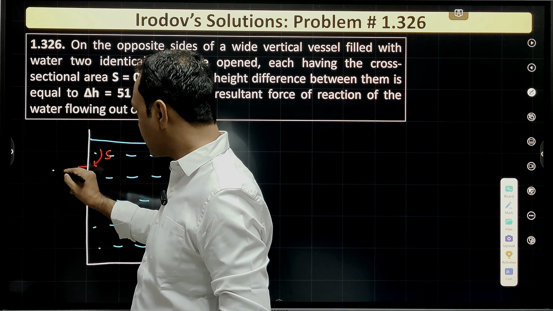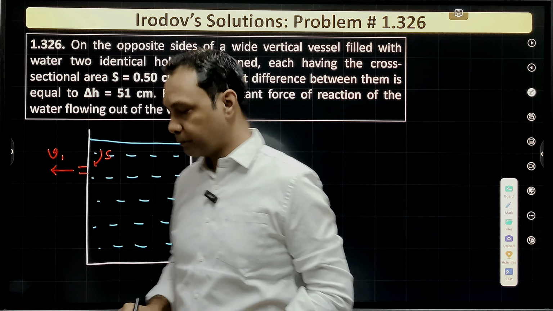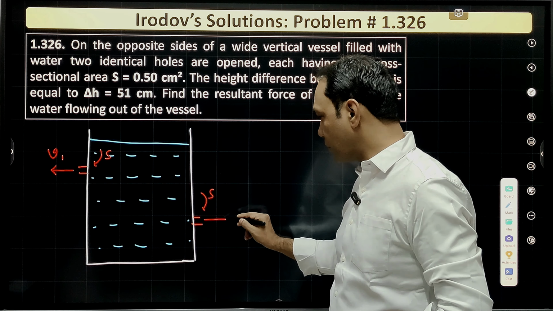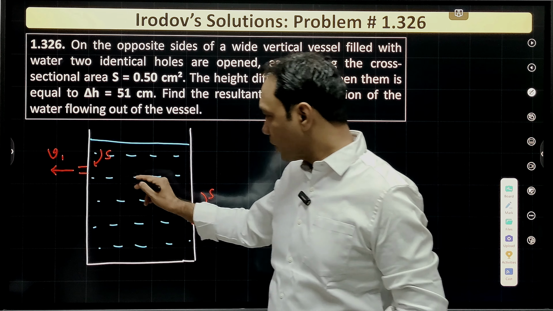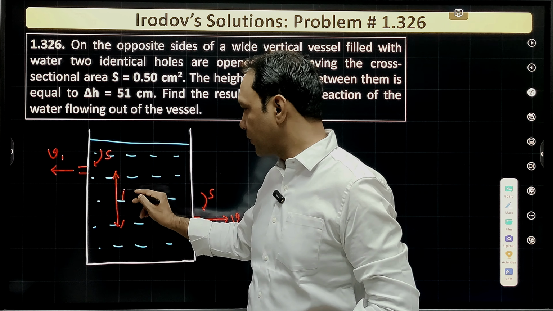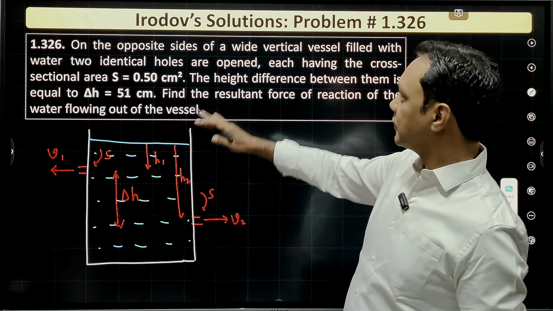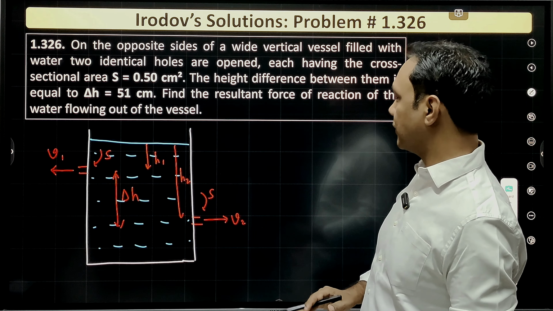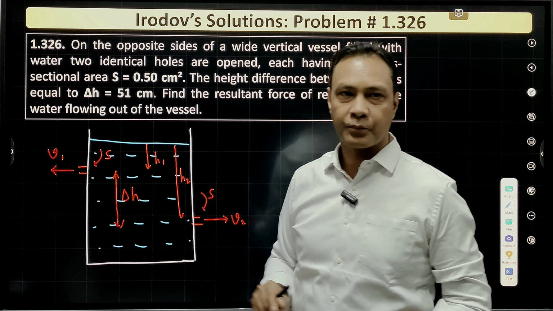So at this moment the velocity coming out here is say v1, and the velocity coming out from this hole is v2. The difference between these two holes in height is delta H. If I take this height to be say h1 and this height to be h2, and this is a wide vertical vessel, so this is a very large area compared to this area.